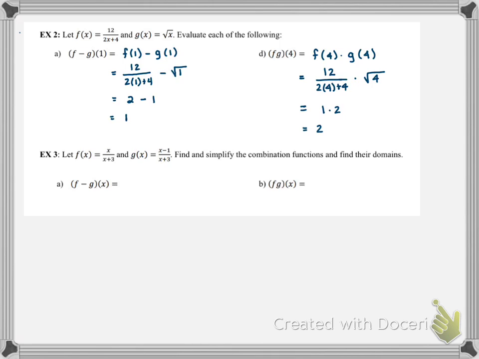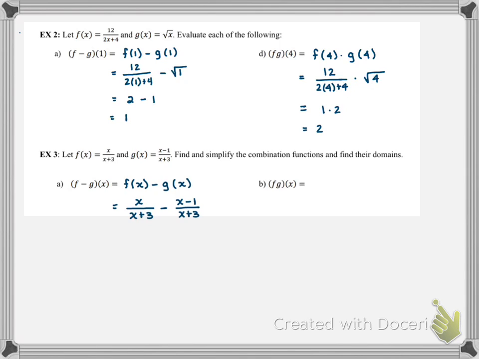And then on 3a, the only thing to watch out for is your signs. So minus g of x. So we all got x over x plus 3 minus x minus 1 over x plus 3.